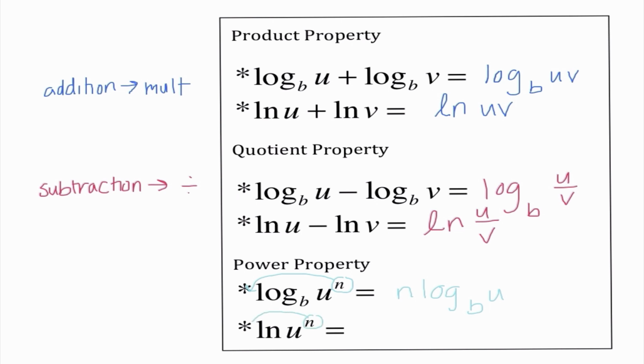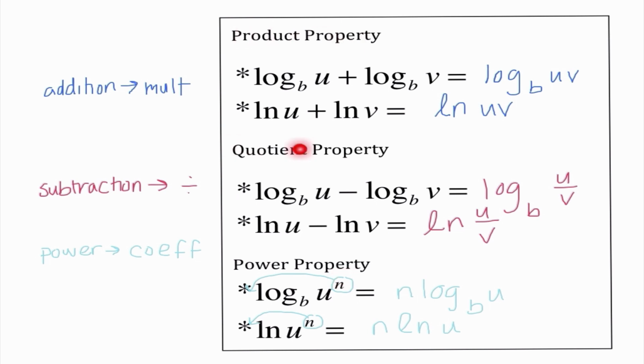The same thing occurs when we have ln, it becomes n ln of u. So when we have a power or an exponent, it becomes our coefficient. When we work backwards and have a coefficient, I can put it up as an exponent.